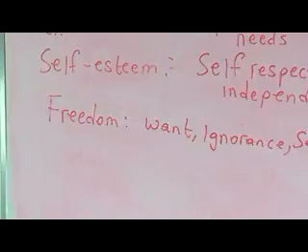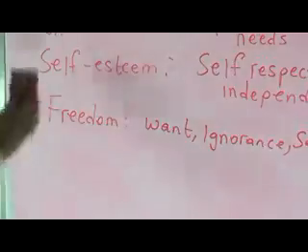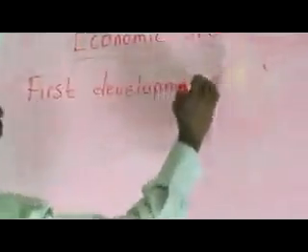Now, before I go, I would like to talk about the development plans we've had in Nigeria. We have the first development plan, which started in 1962 and ended in 1968.